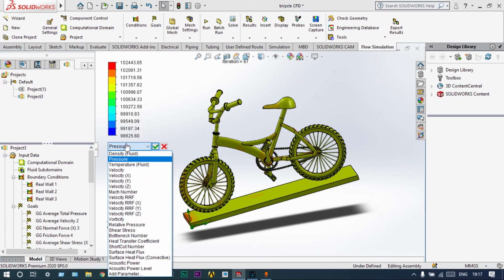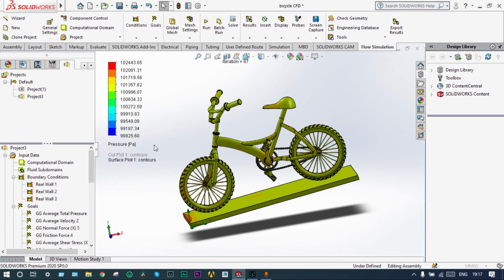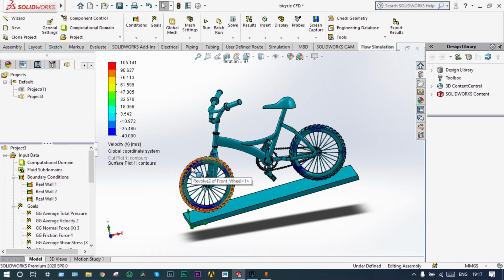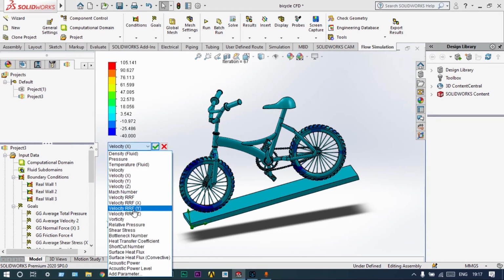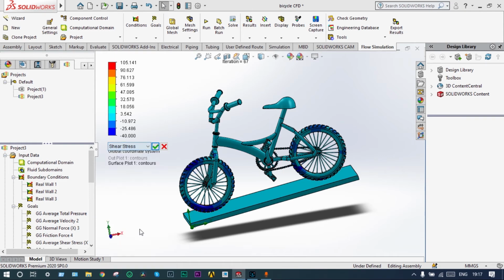You see the velocity right now, velocity in the x direction. Velocity is in the range of 3.5 to 18 meter per second, and at the tires a little bit less. You can see shear stress also.